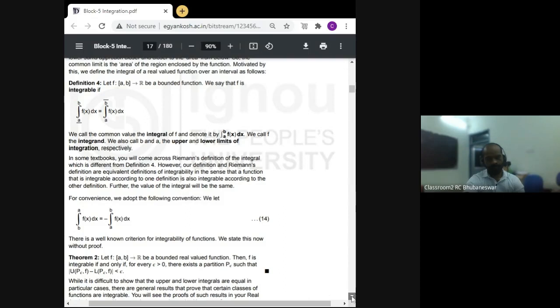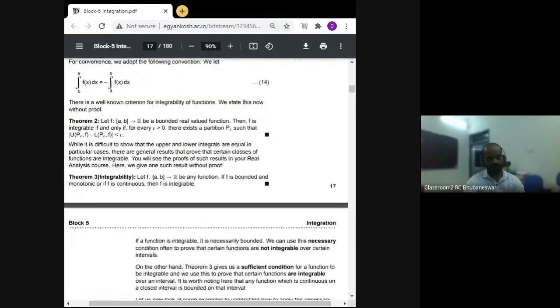Now another theorem is there, and that is that the difference between the upper Darboux sum and lower Darboux sum is less than epsilon. That will be satisfied, because whenever a function is integrable, this condition must be satisfied: the absolute value of the difference between the upper Darboux sum and lower Darboux sum must be less than epsilon.